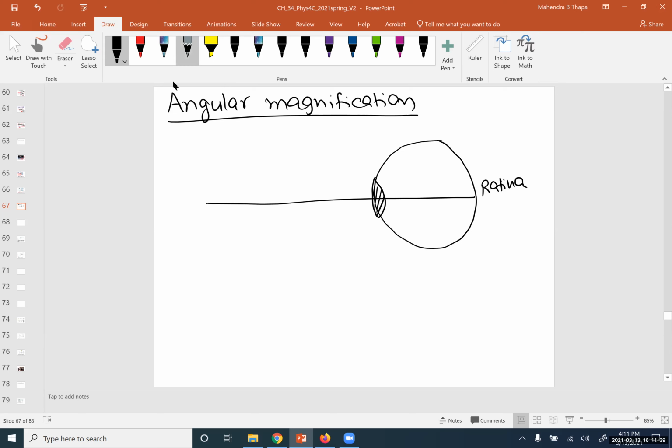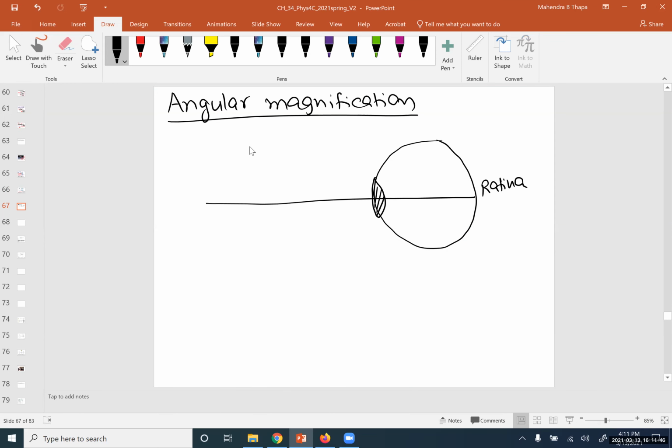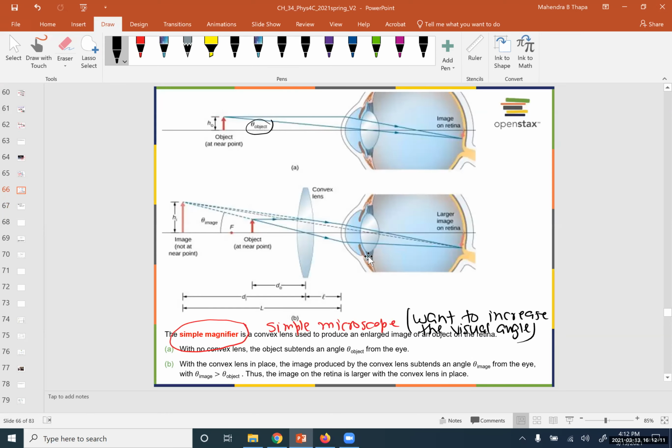As you see in the picture, I put the object at the near point. So the height is h0, the height of the object, and it makes an angle theta naught with our eye. This angle is theta object. So this is the visual angle without using any equipment.